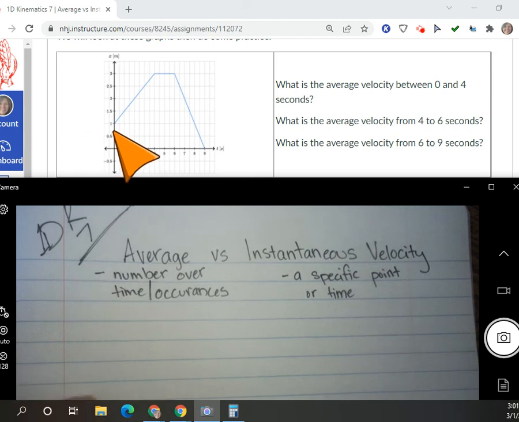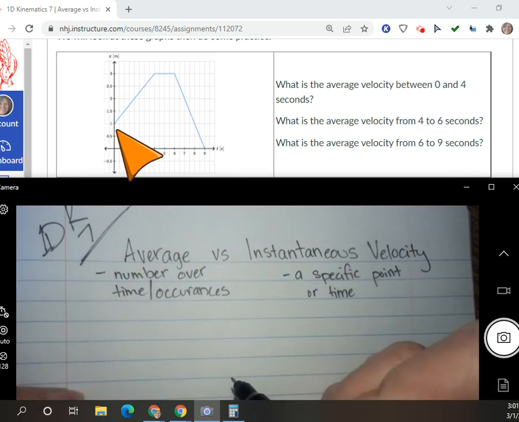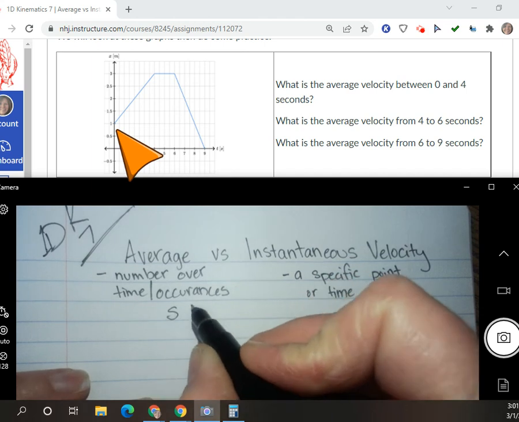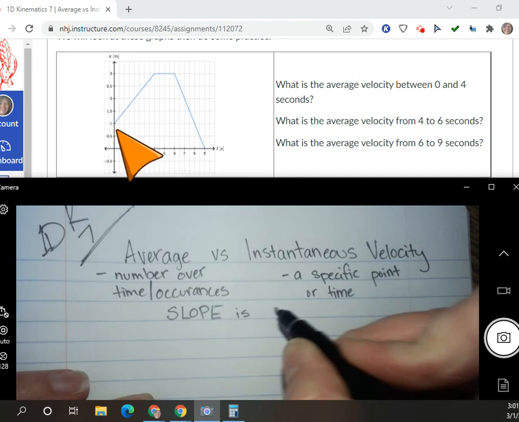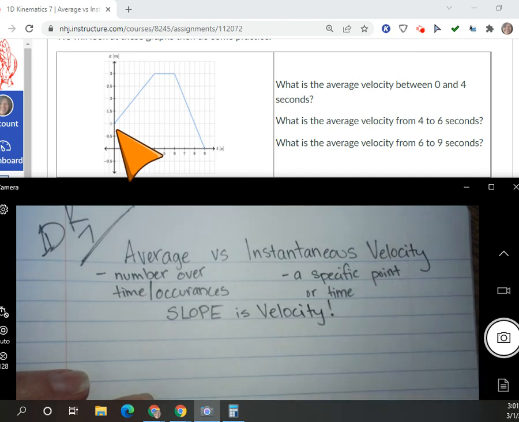First of all, we need to remember this is a graph, and we know that slope is velocity on a graph. So let's write that in our notes one more time. If we look at this particular graph, our time is our x-axis, our position is our y-axis.